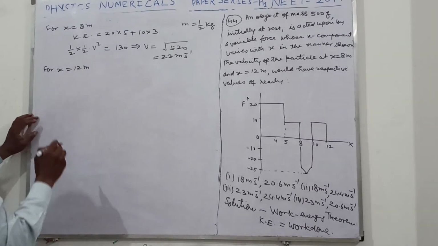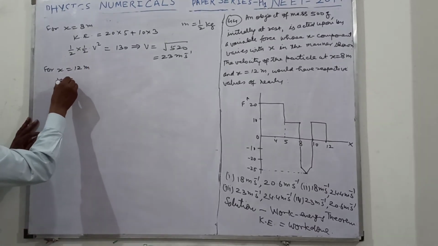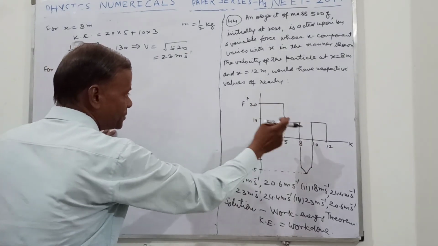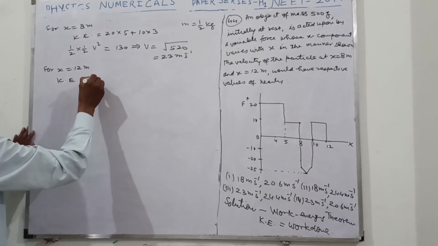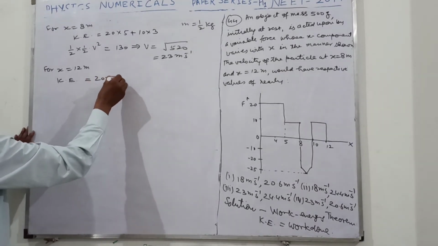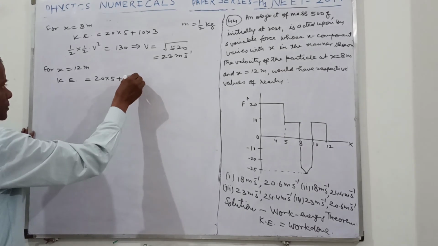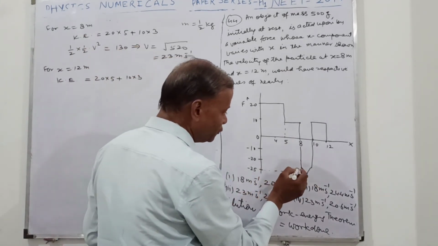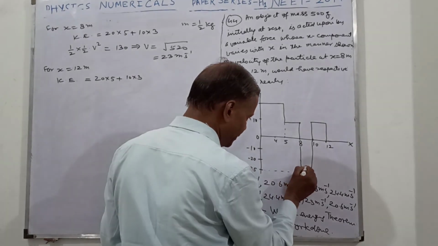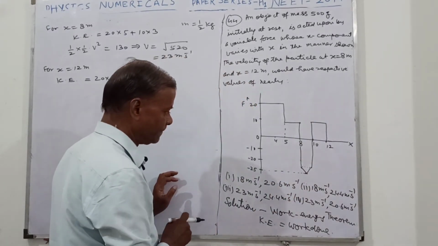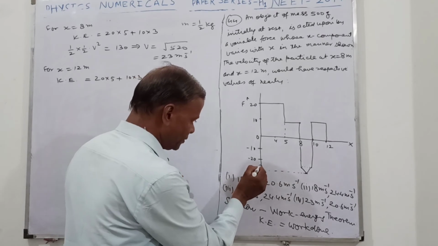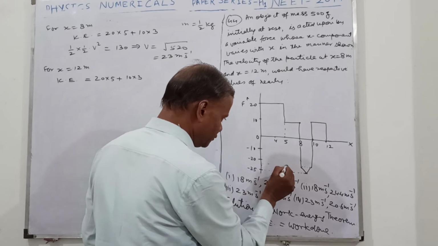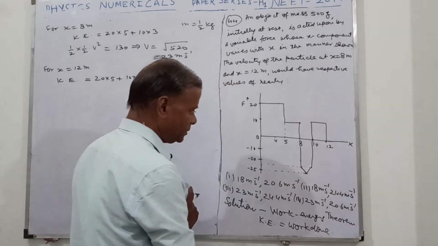Now then what you find, that this kinetic energy equal to, now this area plus this area. So this is now your 20 into 5 plus 10 into 3. This is now so much. Now this is being negative. And now you find from here, just from here, this so much, that this is given to be 2.5 here.